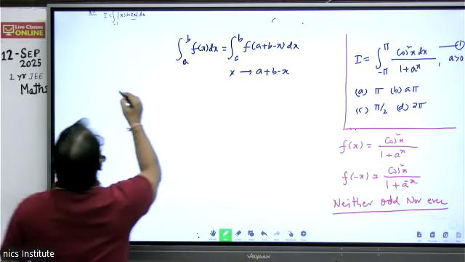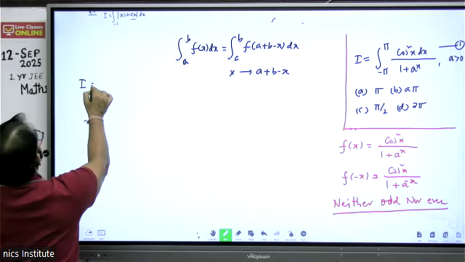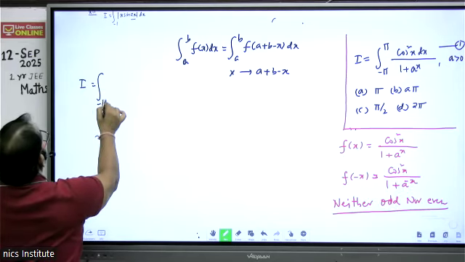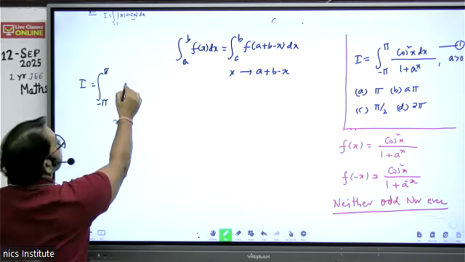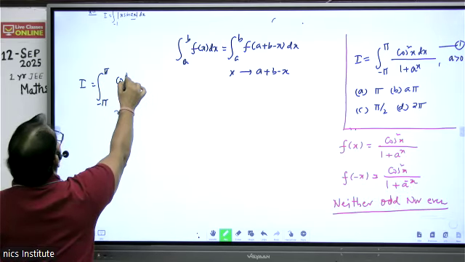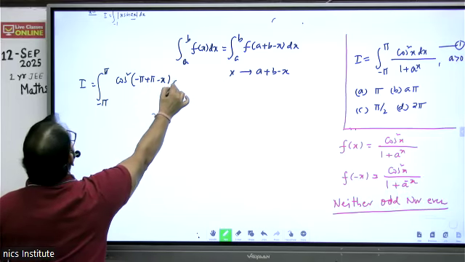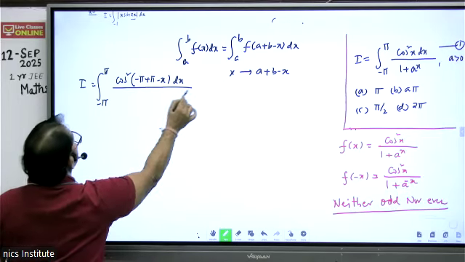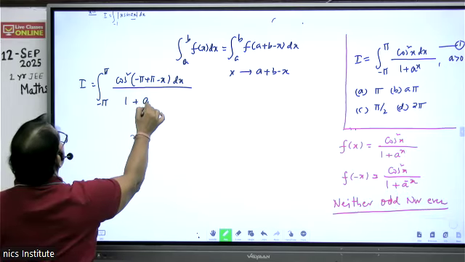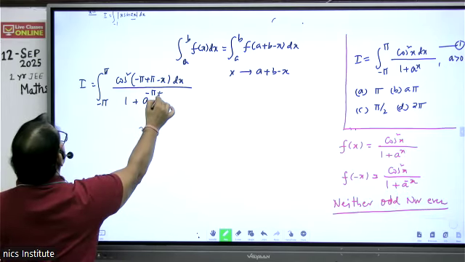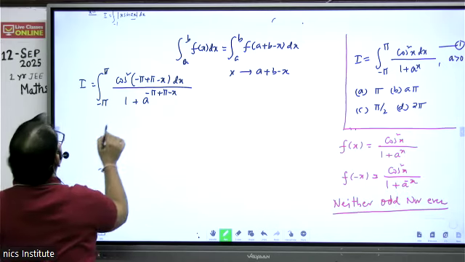So using this property, this integral is now minus pi to pi cos square a plus b minus x divided by 1 plus a to the power a plus b minus x.